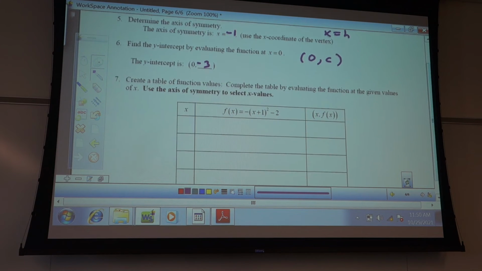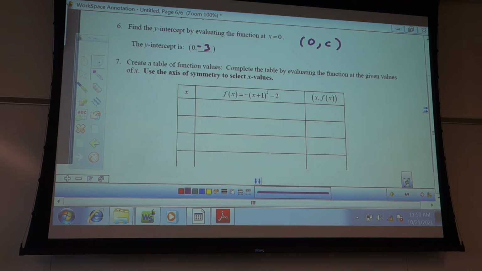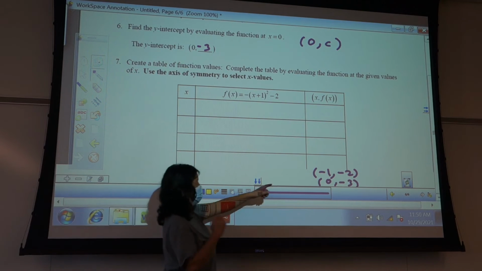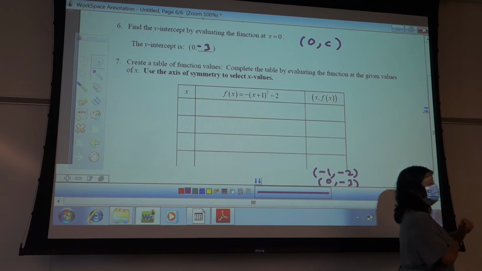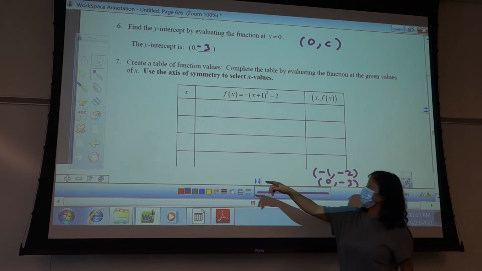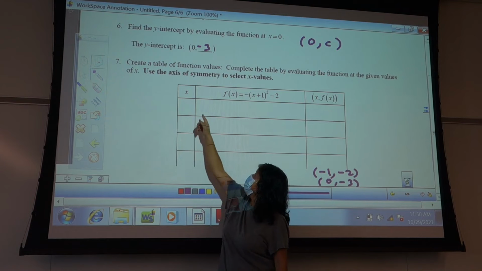Okay, so what are our points so far? We have our vertex, which is -1, comma, is it -2? And we have our y-intercept 0, comma, -3. Now we need to find a few more. So I want everybody to take a minute and pick what other x's should I pick?